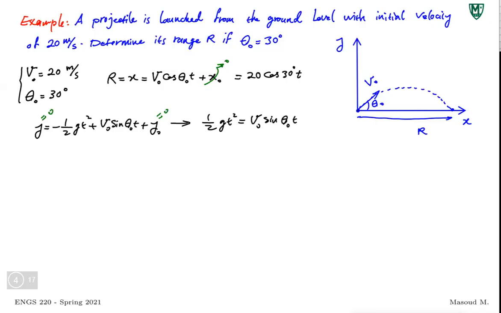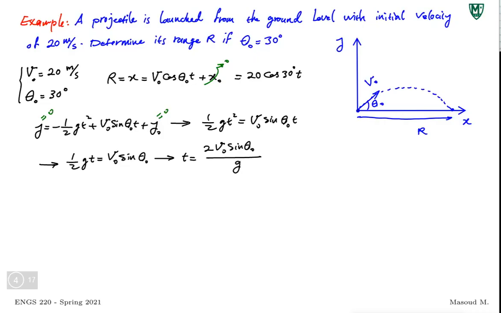You get rid of t on both sides, and you get 1 over 2 g t is equal to v naught sine theta naught. You pretty much have everything here; the only missing piece is t. So this t would be the t for the whole motion from the ground coming back to the ground. That becomes 2 v naught sine theta naught divided by g.